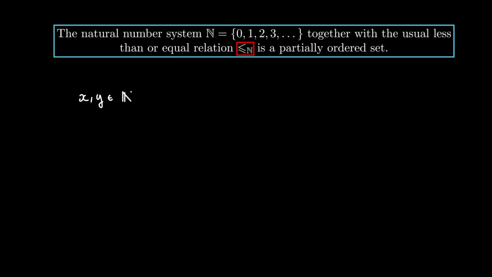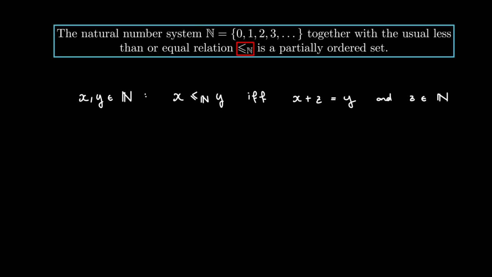For natural numbers, we can define x being less or equal to y if and only if x plus z equals y for some natural number z. We can write it in this way.